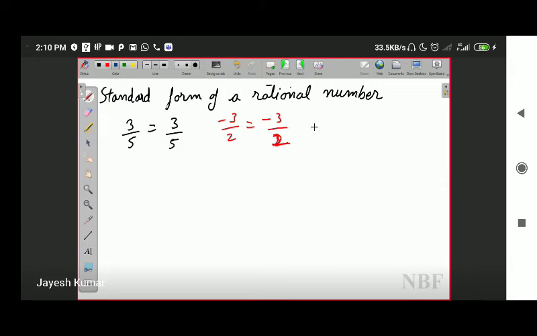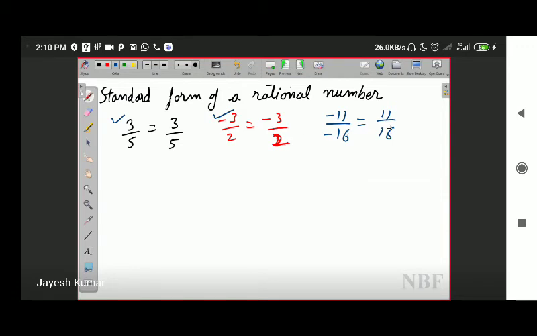Next, let's take another example. We have a rational number minus 11 upon minus 16. Its standard form will be 11 upon 16. See, what we did was we are simply simplifying the signs. For the first two examples, the sign remains as it is because the sign of the denominator was not a worry.